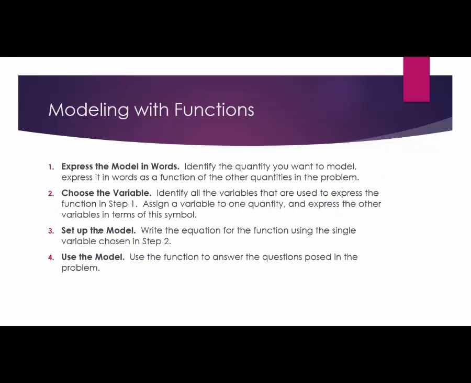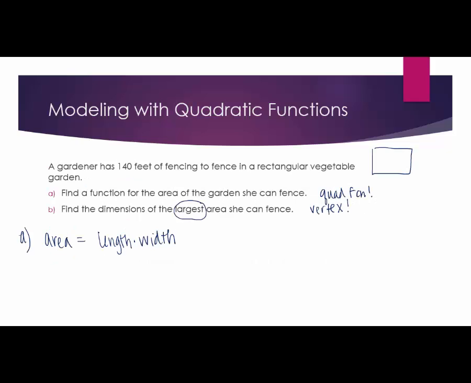Looking again at our next step, we need to choose a variable, identify all the variables that are used to express the function, and assign a variable to one quantity, express the other in terms of that symbol. We don't want to write a function of several variables, we just want one variable, so that'll be the trick to this. We need to express length and width both in terms of one variable. Well, the relationship that I have between length and width is really just related to this 140 feet of fencing.